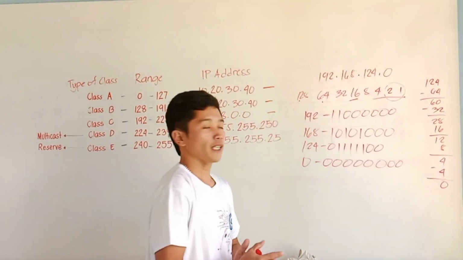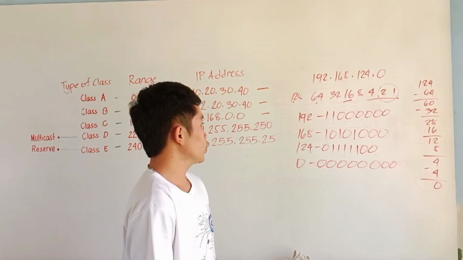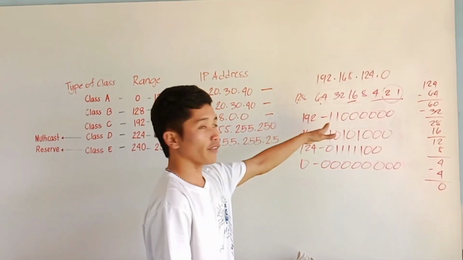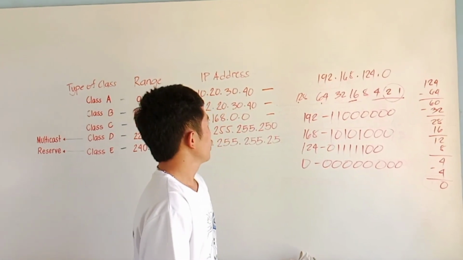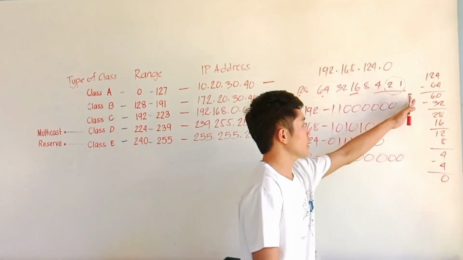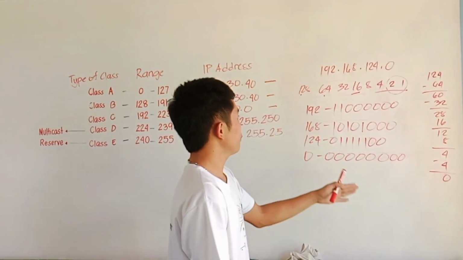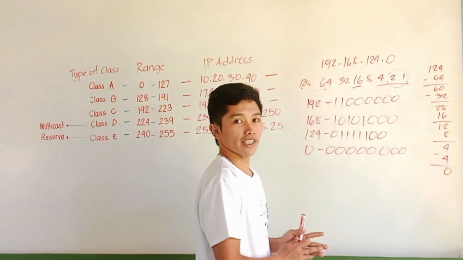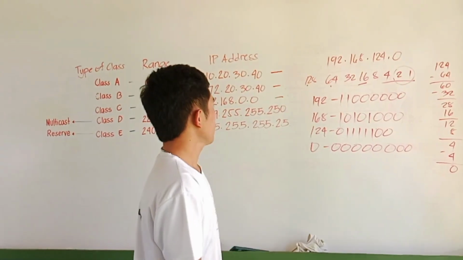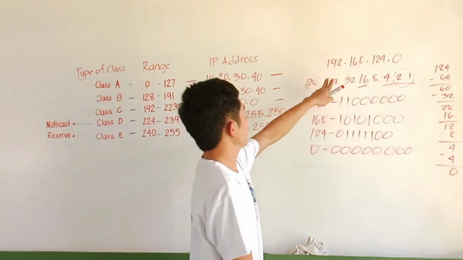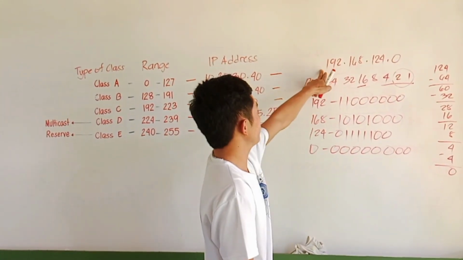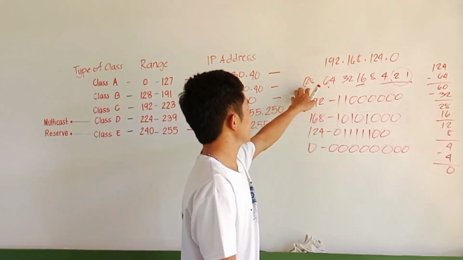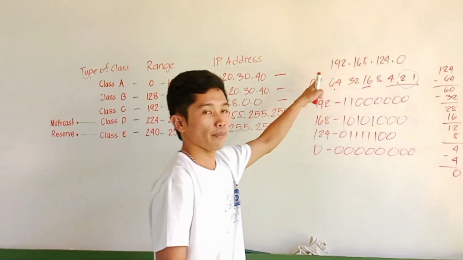But remember, to get the binary of an IP address easily, if you follow this step, you can get the binary easily. So remember, you need to subtract the bit values from the IP address.